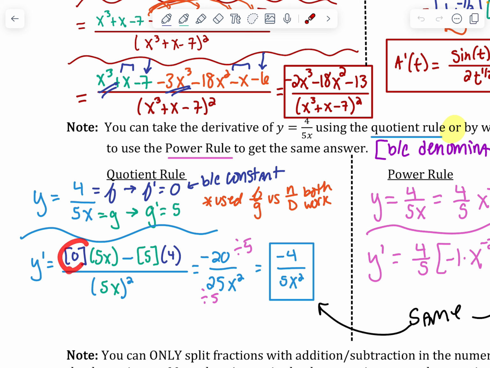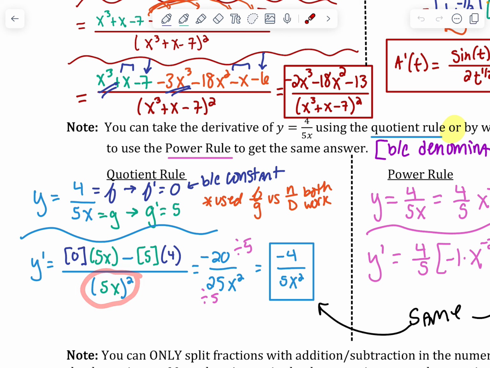The formula says take the derivative of the top, which we said was 0, and so then I don't even really need to keep going where I take the original denominator, but I did. Always subtract the derivative of the denominator times the original numerator. And so really I have 0 minus 20, so we just need to write the negative 20.